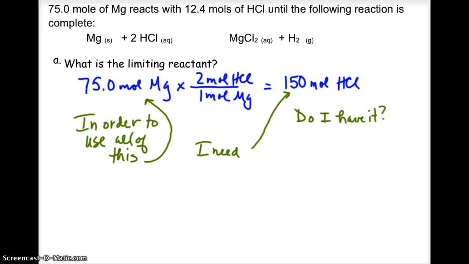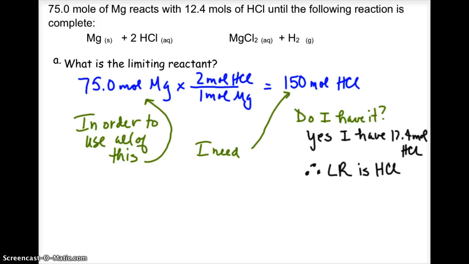Do I have it? Well, you have 12.4 moles of HCl, so yes, you have enough HCl. That means the limiting reagent, I'm sorry, you don't have enough HCl. You have 12.4 moles of HCl, you need 150 moles of HCl. Therefore, the limiting reagent is HCl.